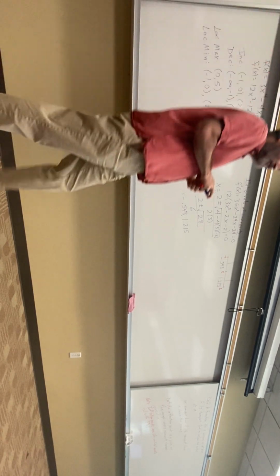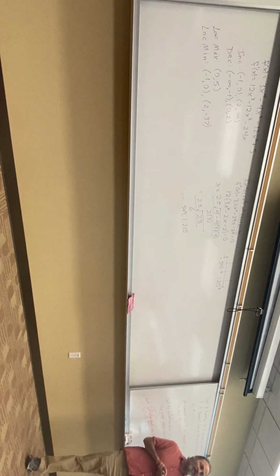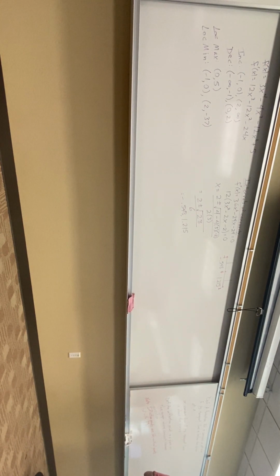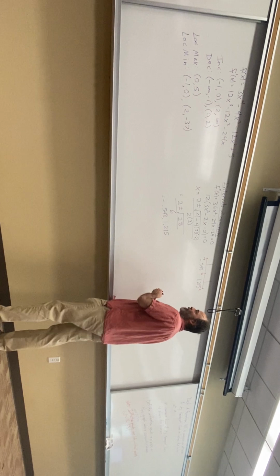The original function will tell us where the maxes and mins are. The derivative will tell us where it's increasing and decreasing, and the second derivative will tell us concave up and concave down. So we need f double prime of negative 1.